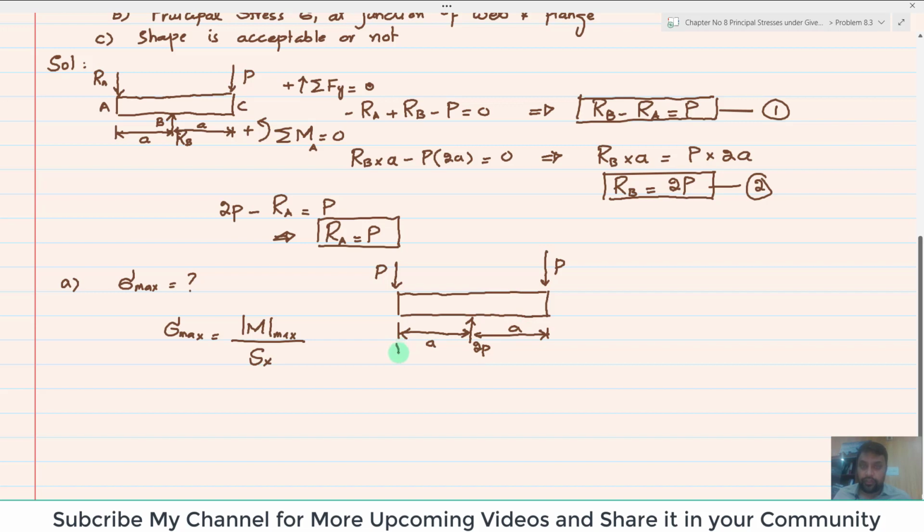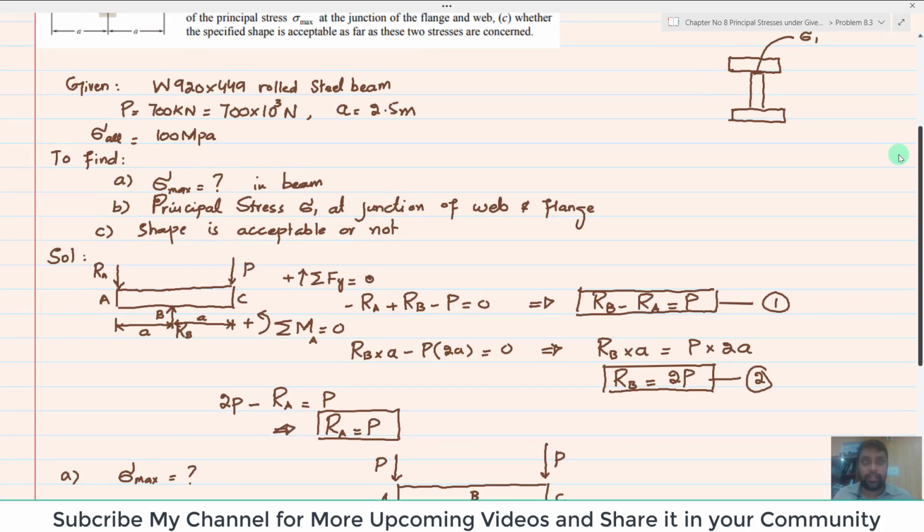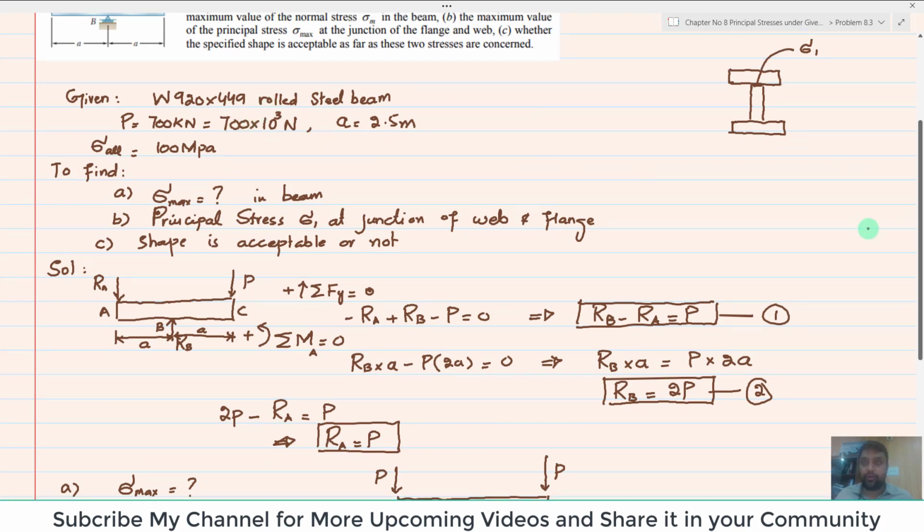So for shear force, I will draw vertical lines and draw the shear force. This is point 0. Now you can see at point A, this is A, this is point B, and this is point C. At point A, the only force acting is P, and it is given that P is equal to 700 kilonewton.